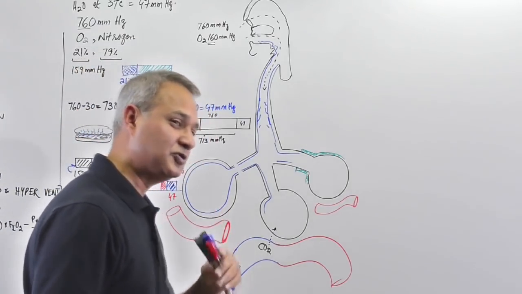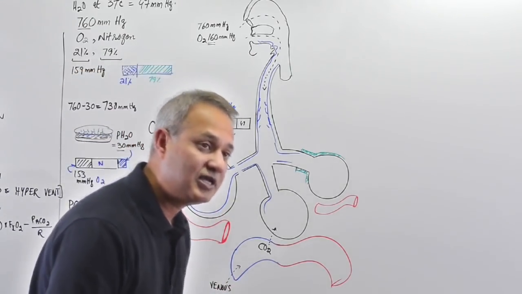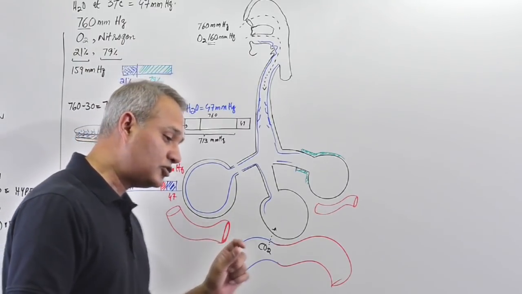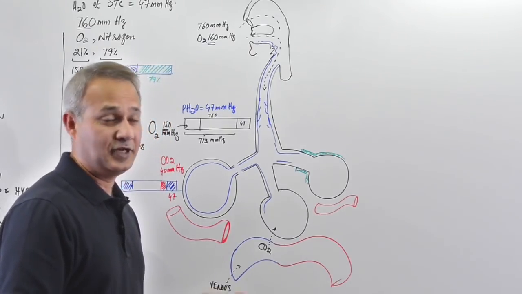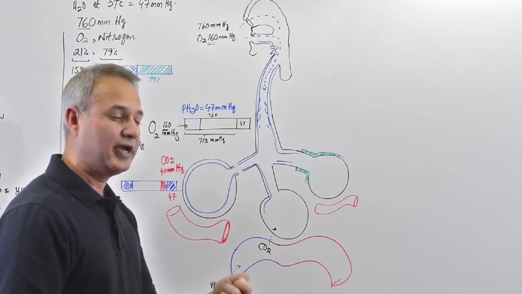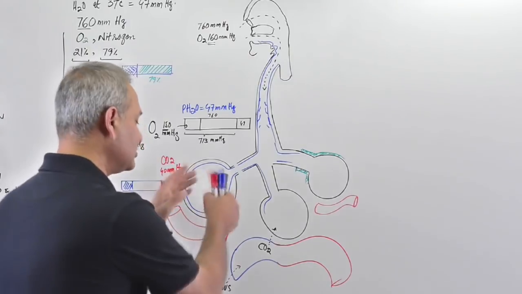So question to you, this is why I said this is important. Can carbon dioxide say that I am going to displace oxygen? Yes. Now the question is, why yes? I've seen students saying, well, carbon dioxide comes in, oxygen goes out.